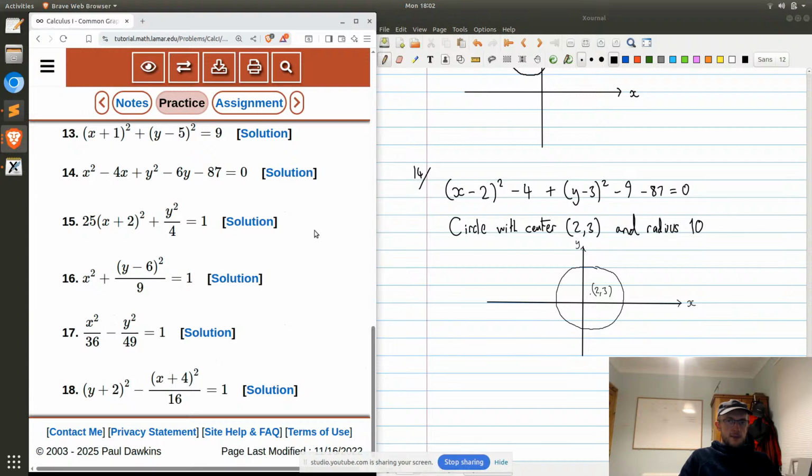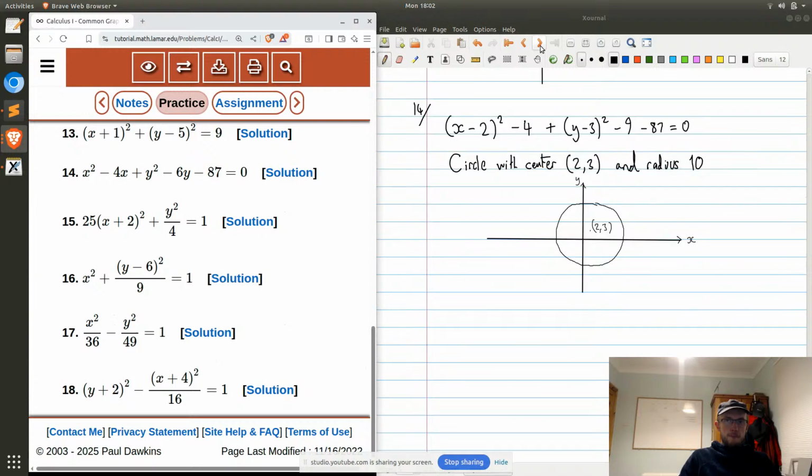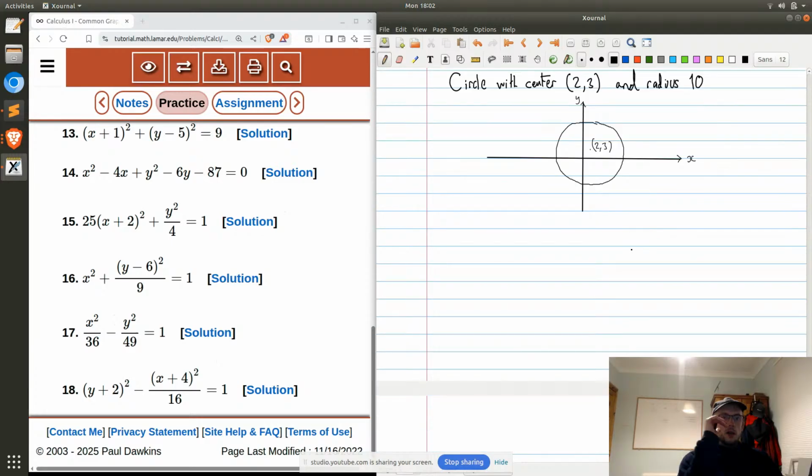Now this 15th one, that is an ellipse. It's an ellipse with a center of -2, 0.